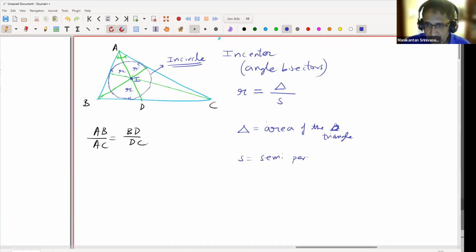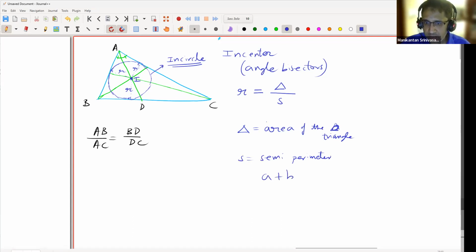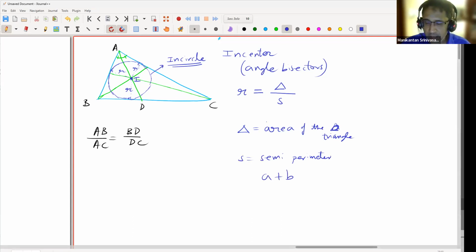Which means it's the perimeter divided by 2, not average. A plus B plus C by 2. Small a, small b, and small c are the side lengths. You may recall, small letters are used for sides, capital letters are used for the vertices.